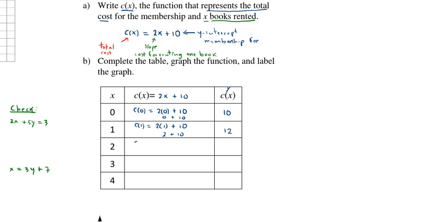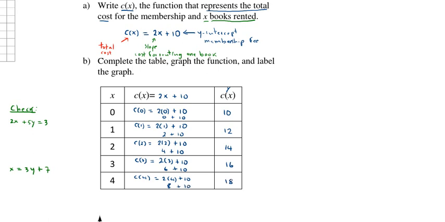If you rent two books, then this would be 2 times 2 plus 10, which is 4 plus 10, so this becomes 14. For C of 3, that is 2 times 3 plus 10. 2 times 3 is 6, plus 10 is 16. And C of 4, that is 2 times 4 plus 10, that is 8 plus 10, 18.